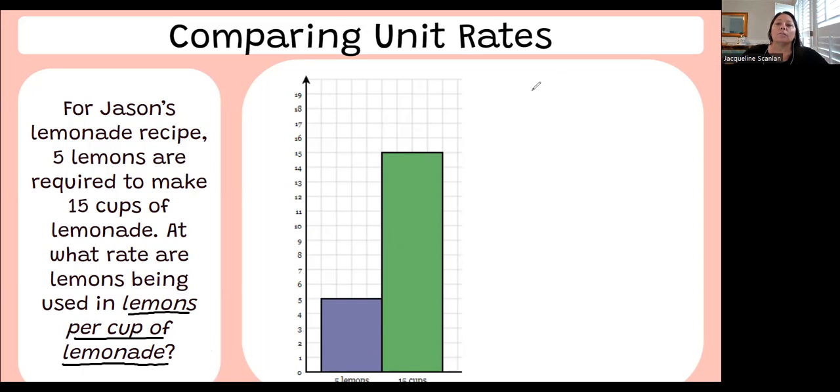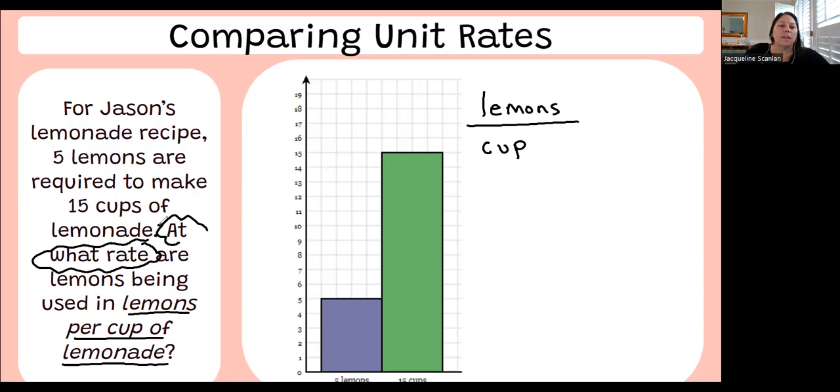So they are telling you that they want you to do lemons per, remember that's division, cup of lemonade. So lemons go on top and cups go on the bottom. And when they're asking you for at what rate, this question is really asking you for the unit rate. That's what it's saying. At what rate, meaning what's the unit rate?